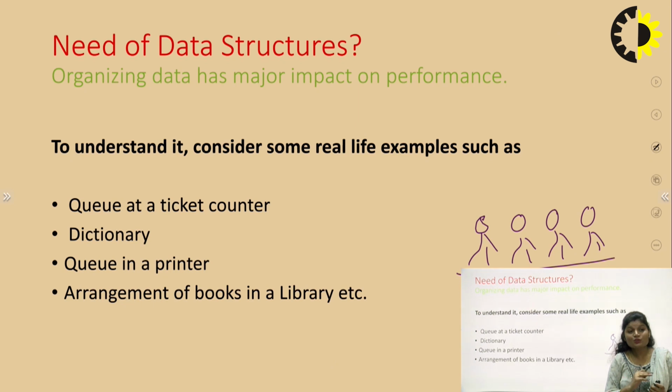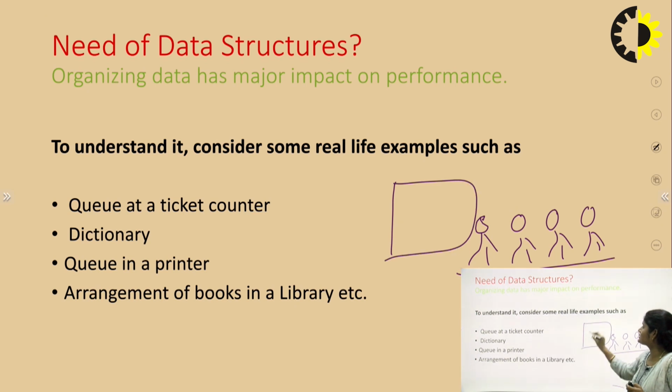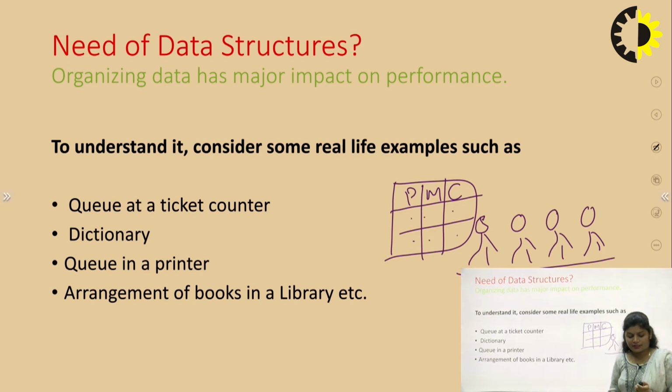If anything is not arranged, you do not get it in a proper time. So this is a real life example where we need data structure: data is arranged properly. The books here are our data, and the structure is the shelves, all the sections you divide, like physics here, maths here, computer science books, and like that. Okay, now we move on to the next slide.